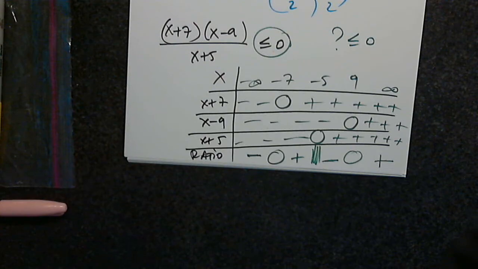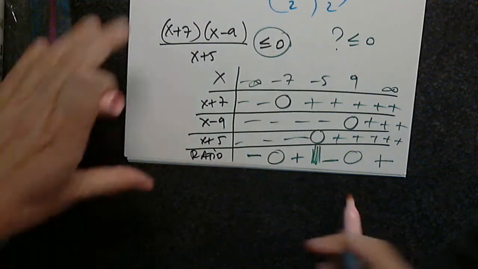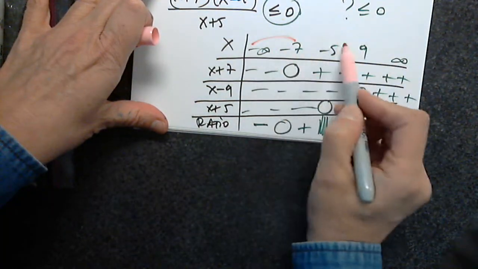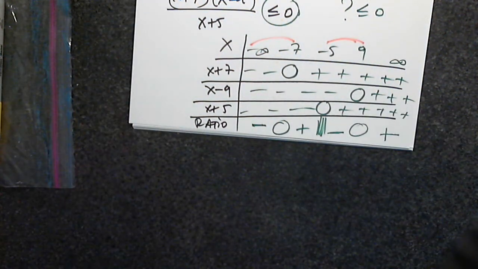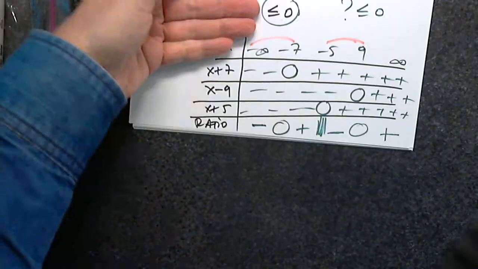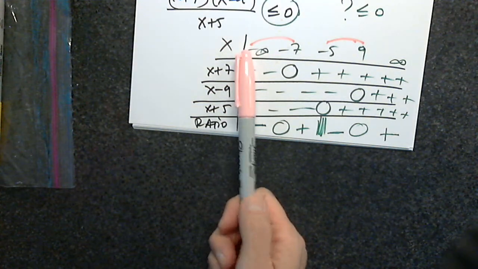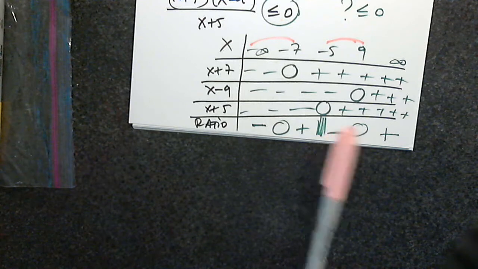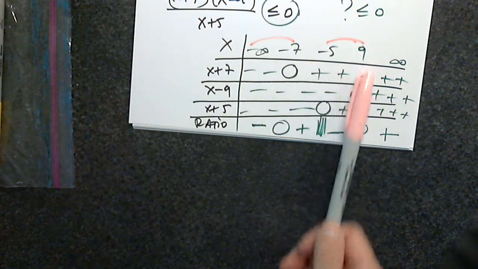There is only one correct answer, negative. So negative is here, and I go up and read the x values because I'm solving for x. Which x will I pick for this expression to be negative? The answer is between -infinity and -7, bracket at -7, but open parenthesis at -5 and bracket at 9.